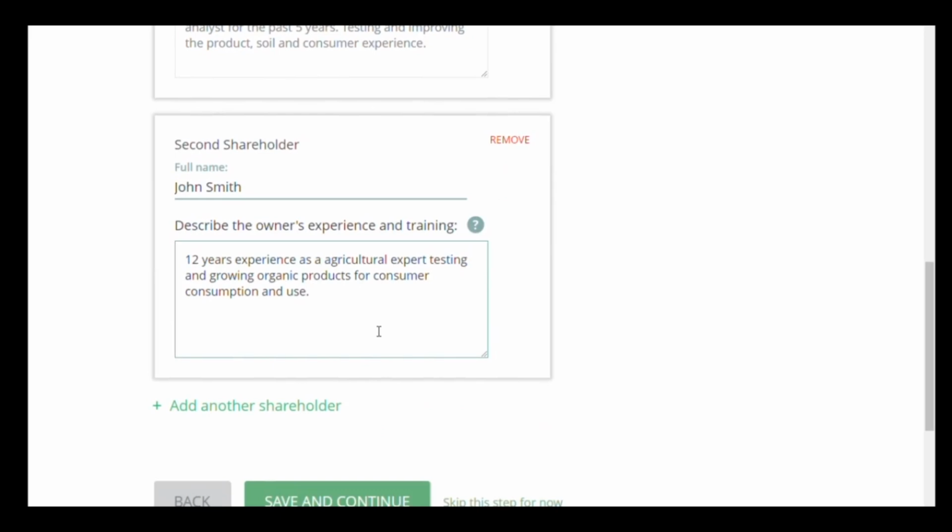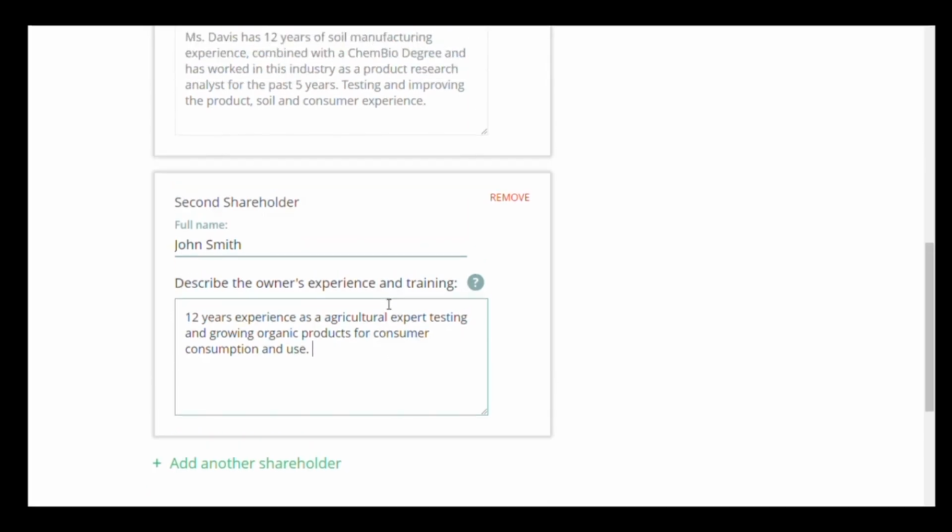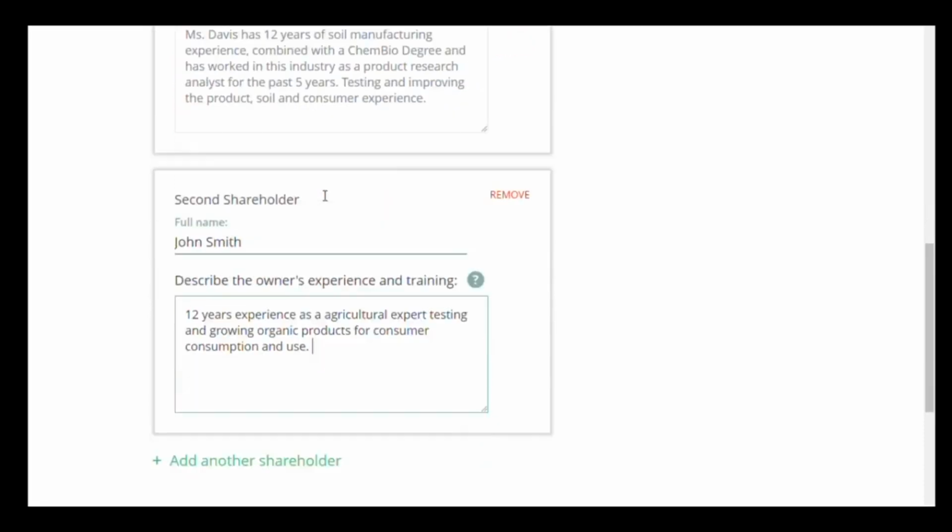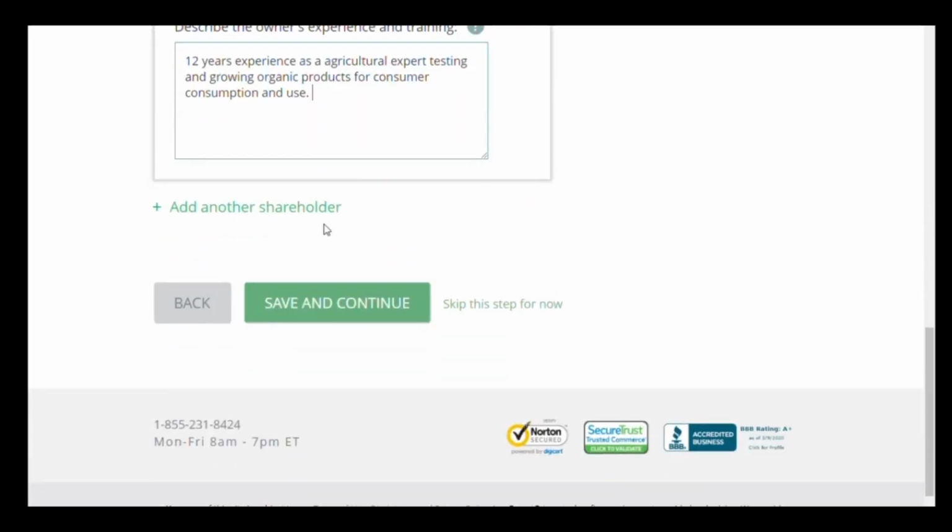Shareholder could mean they have 5% of the company, 1% of the company based on whatever your valuation is of their investment, or maybe you don't have any, maybe you just have one and it's you. So you want to make that decision based on how you're structuring your company. Now you can have a corporation that's owned individually, or you can have a corporation that has several shareholders.